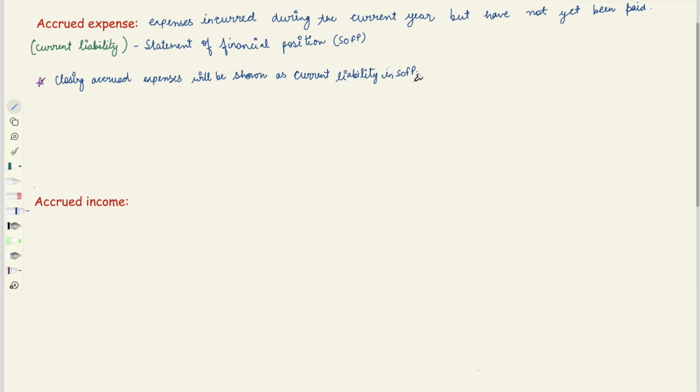Now, how will I show it in my statement of financial position? It would be under current liabilities. First of all, you will have your trade payables. These are your credit suppliers.